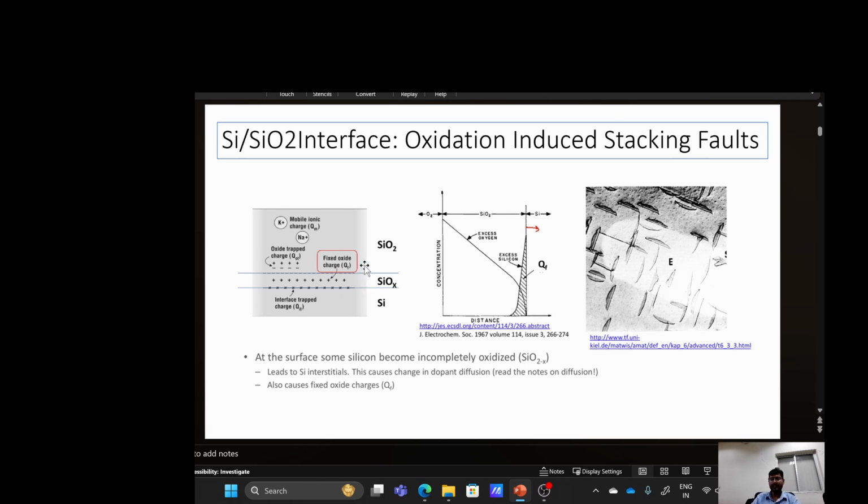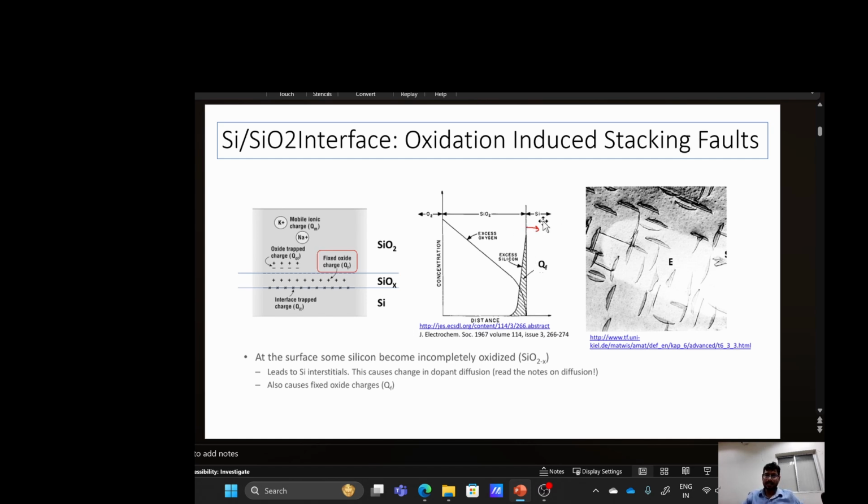Definitely they will trap, and we can minimize it, but they will be there because of lattice mismatch or surface energy problems. This happens because oxygen is not reaching there properly.